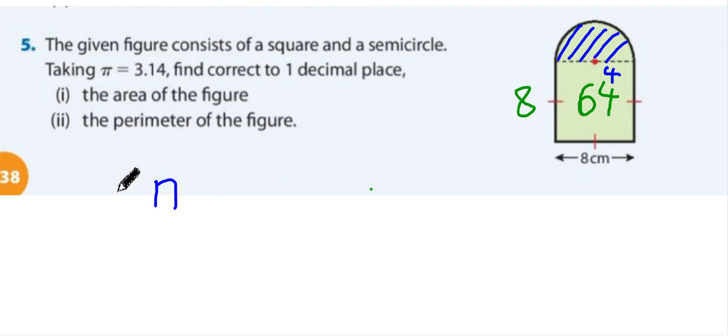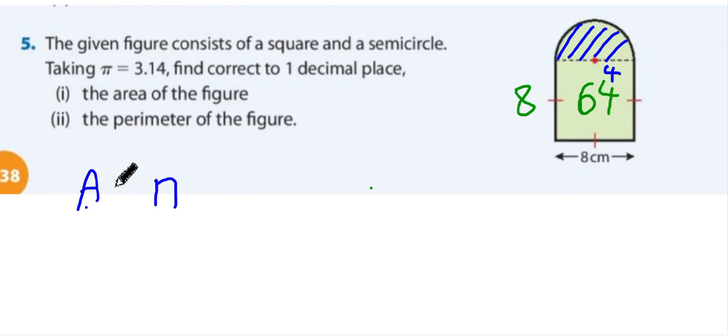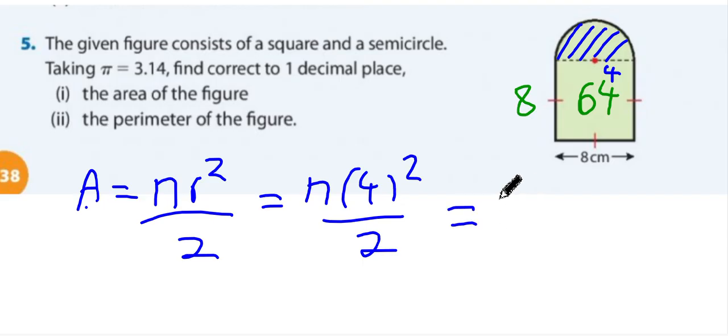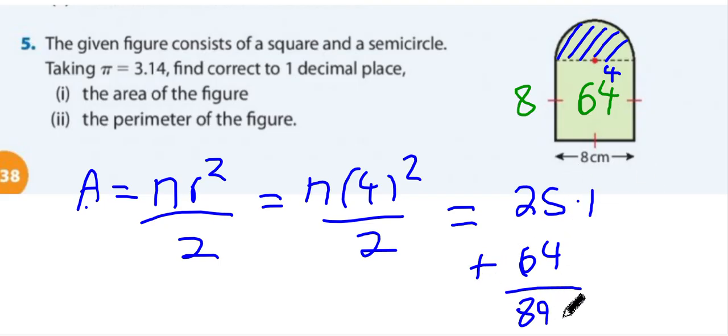So the area of a circle is pi r squared. And then we divide the answer by 2 to get the semicircle. So could somebody be so kind as to do pi times 4 squared and divide it by 2 and give it to me to 1 decimal place? 25.1. And then that 25.1 gets added on to that 64. 89.1 centimeters squared.